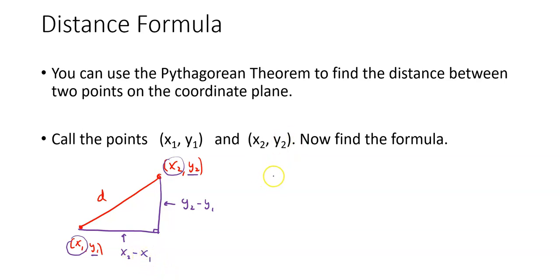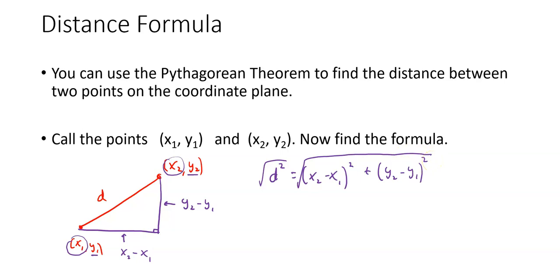And so if I set this up as the Pythagorean theorem, I'd get d squared equals the bottom, which is x2 minus x1 squared, plus the other side, which is y2 minus y1 squared. So c squared equals a squared plus b squared. Normally when we write the distance formula, we solve for the d by taking the square root of both sides. And we only include the positive because we're not going to have a negative distance.